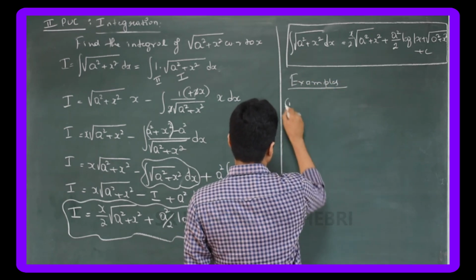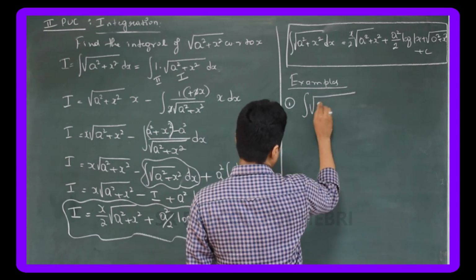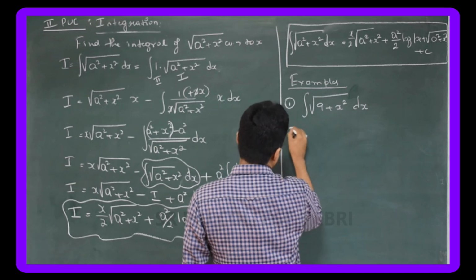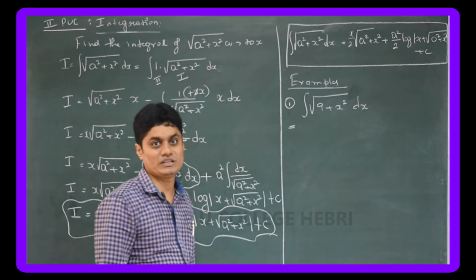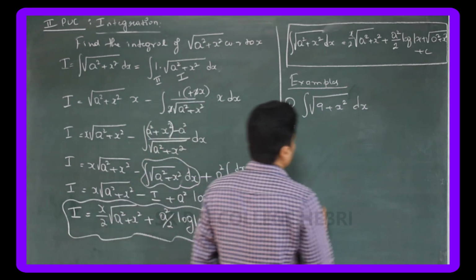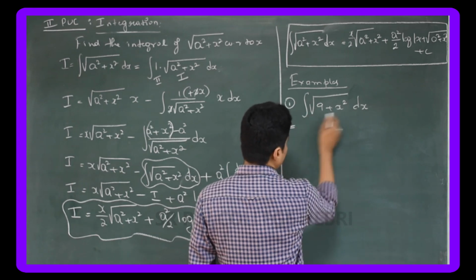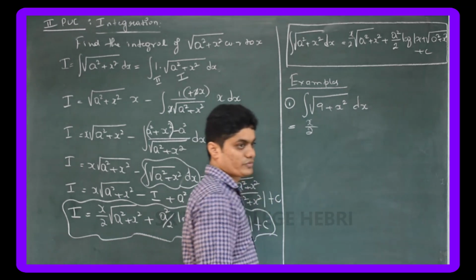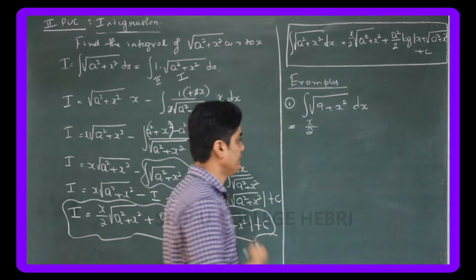The first one is direct work: integration of root of 9 plus x square. There is no simplification here, you can directly apply the formula, a square plus x square. X by 2, nothing to take outside because the coefficient of x square is 1. If it is other than 1, then you should take it outside.